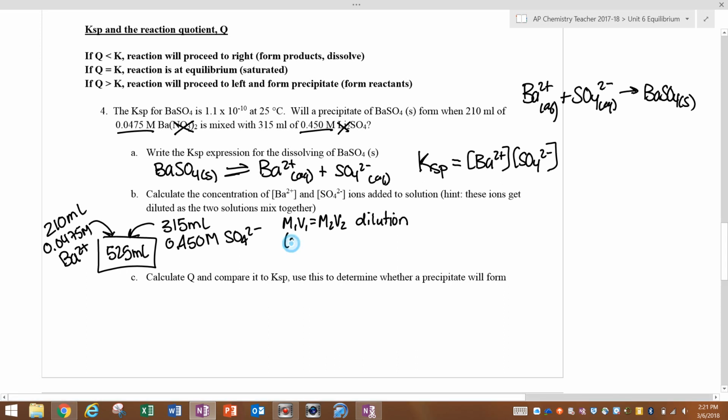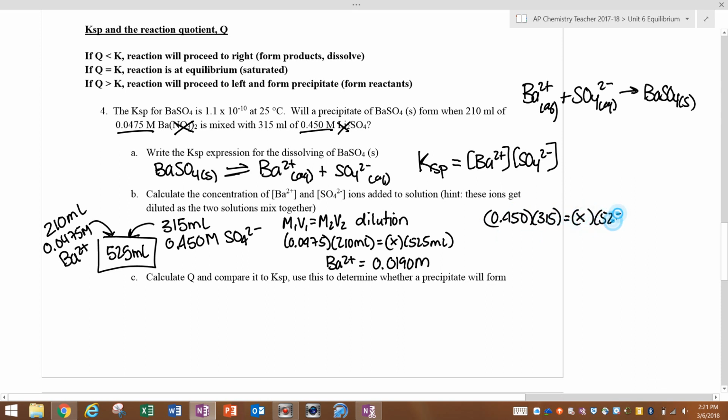So for barium, it's 0.0475 times 210 mL, and then X times 525 mL. So we'll find that my barium concentration is 0.0190. For my sulfate, it's 0.450 times 315 mL, and then X times 525 mL. So we'll find that my sulfate molarity is 0.270.